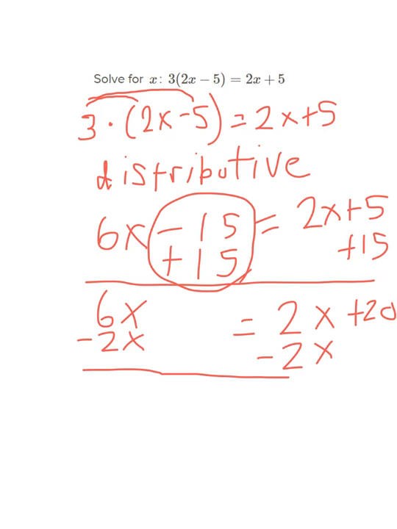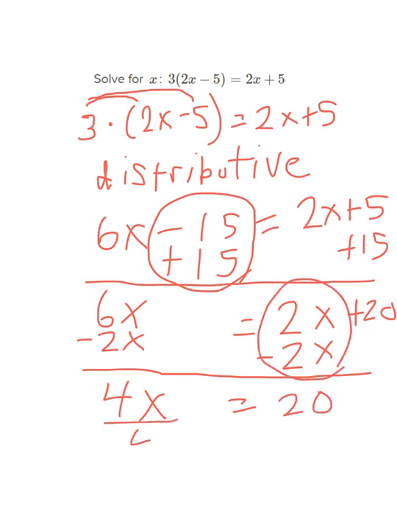2x from 6x equals 4x equals 20. This much here is 0. Divide both sides by 4. And you get x equals 5. That is the solution.